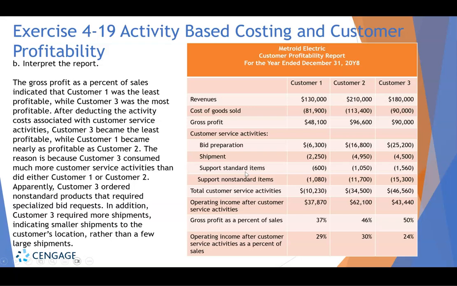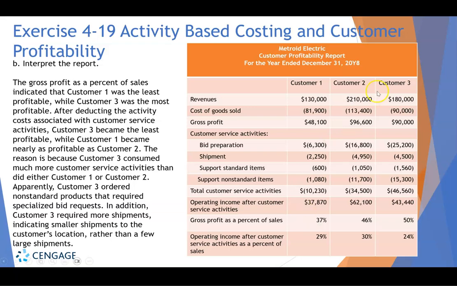So here we see that we've got our three customers, and then we show the cost per customer for bids, shipments, and the standard and non-standard support. And from that, you see the operating income after the customer service activities as a percent of sales.